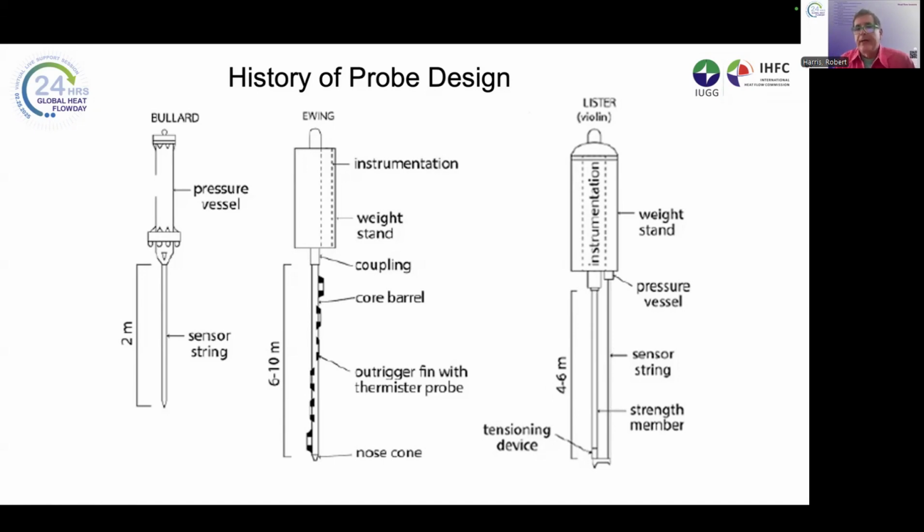And also with the advent of this in the late 70s, early 80s, it was also possible to put a heater wire in the thermistor string, and a heat pulse could be generated, allowing determinations of in situ thermal conductivity. So you had both pieces of information.